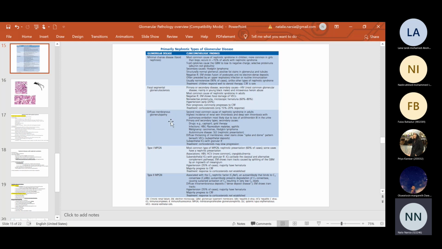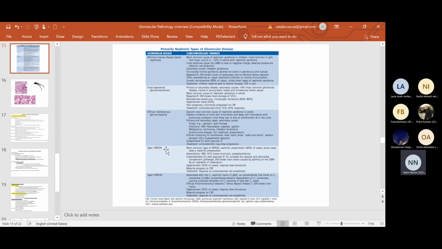Diffuse membranous glomerulopathy in nephrotic syndrome you will find, but please make sure you don't get confused, that diffuse membranous glomerulopathy you will find in nephritic as well, okay? Both you can find there. So now I'm talking about membranoproliferative glomerulonephritis, where we need to pay attention to type 1 and type 2. And it's important how we make the difference between them.